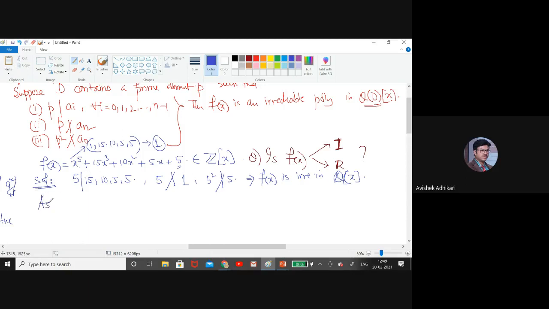So as f(x) is a primitive polynomial in Q[x], f(x) is also irreducible in Z[x]. Is the argument clear to all of you?